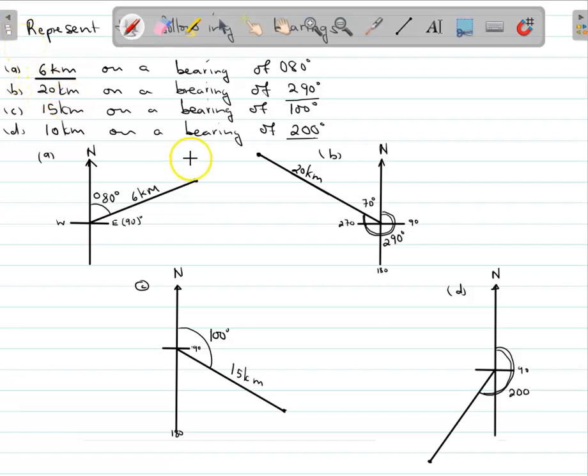So what I'm going to do now is give you 4 that you're going to do by yourself to test your understanding, then we'll move on to the next thing. I'm not going to do the solutions for this one, so this one is on you.